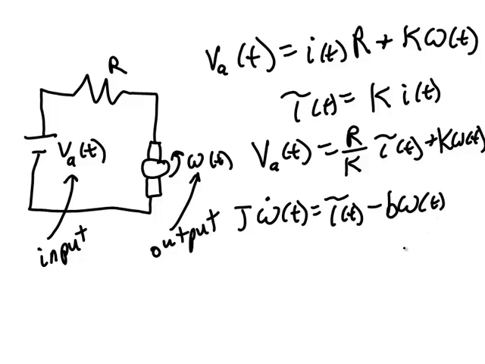The torque applied by the windings and the viscous damping, mostly from the blades of the motor spinning through the air. I'm going to solve this equation for torque and plug it in up here.